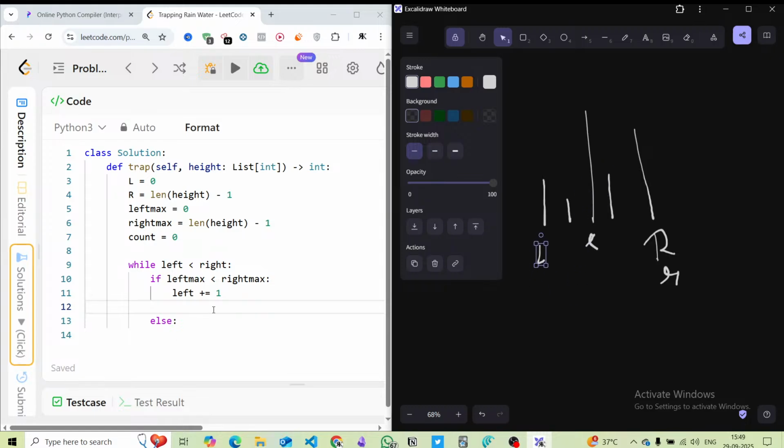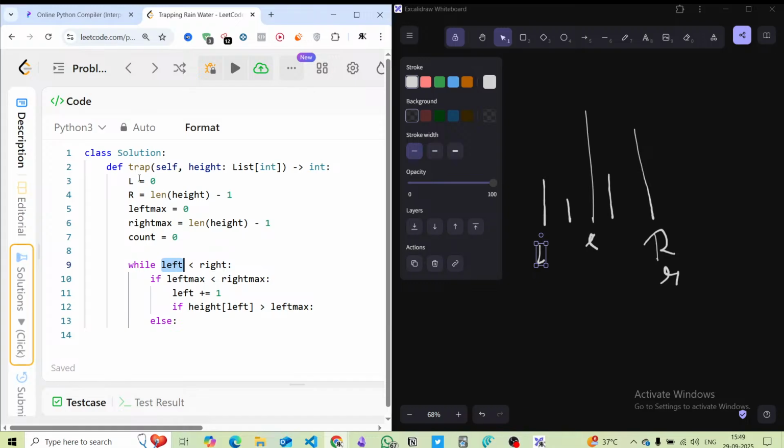For that, if the value of left is greater than the left max... okay, sorry, I made a mistake.